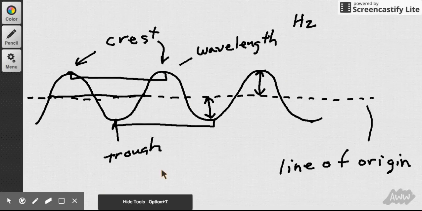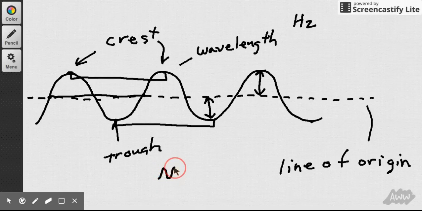So real quick example, if I had a bunch of waves versus just a few, this would have a high frequency, this would have a low frequency. So it's how often you're seeing these waves come back up. If you think back on the electromagnetic spectrum, the gamma rays over on this end had a very high frequency, and the radio waves on the other end have a very low frequency.